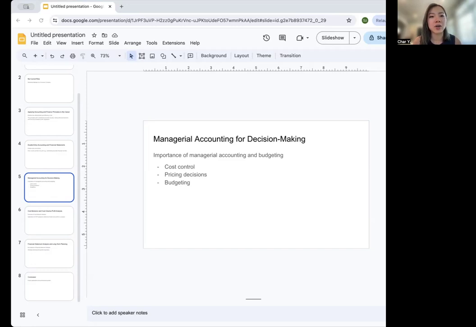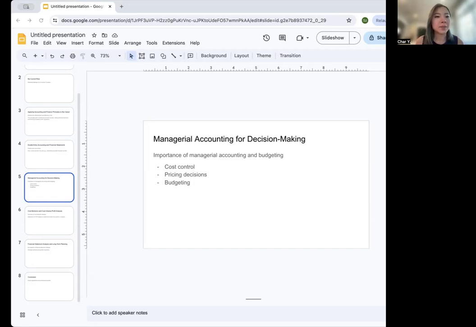I think this concept could be very beneficial. Another is the pricing decision. Even though I don't have direct control over the pricing, based on the budget that I provide, the CEO and the founder can make a decision on the end result, the pricing of the product, so that we can achieve desired profit margins.